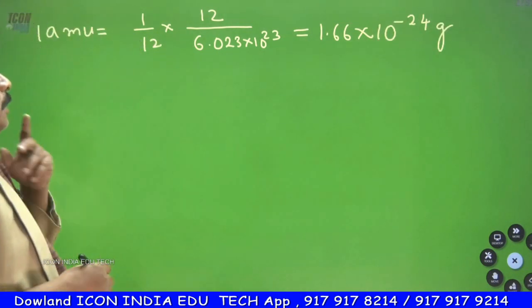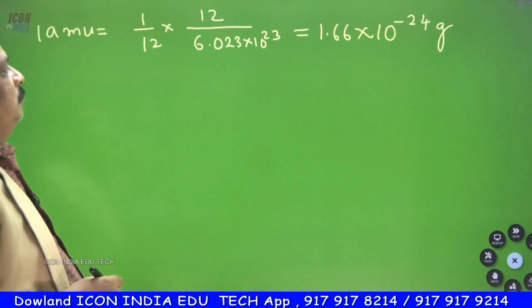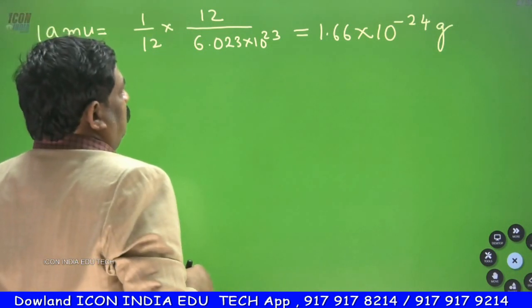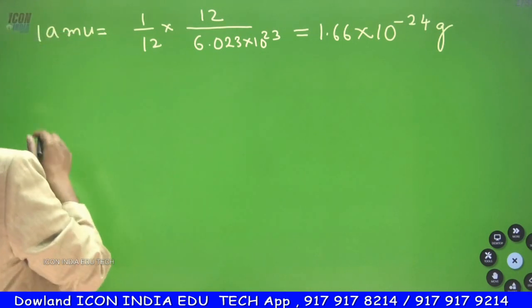When you take 1/12 part of the mass of a carbon 12 atom, you get 1.66 into 10 power minus 24 gram. 1 AMU is equal to that.